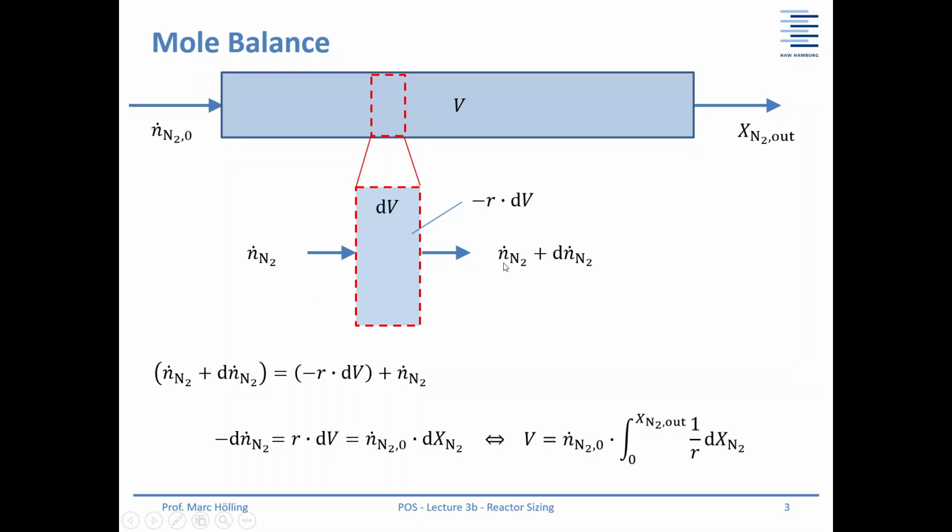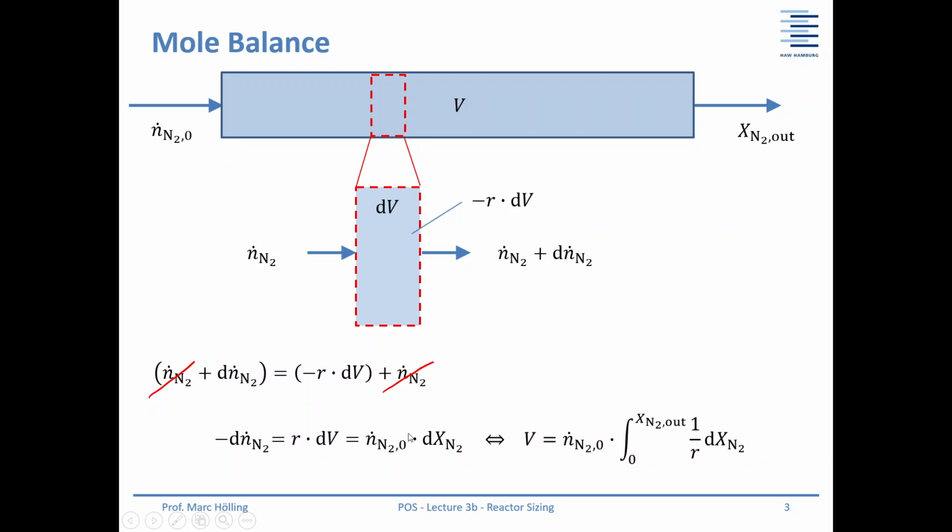We know in advance that nitrogen is consumed, that's why we have a minus r here. Then the mole flow of nitrogen cancels out, and you have just our very small change in the mole flow of nitrogen equal to the reaction rate times the size of the slice of our volume, dV.